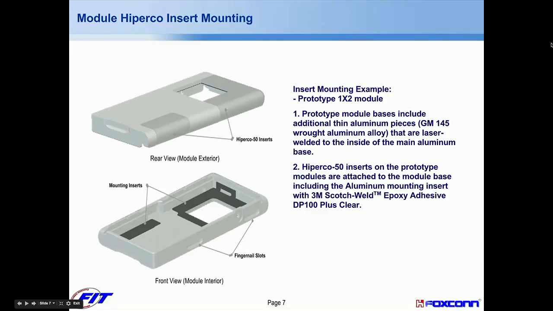You may have a question about the mounting of the module insert. In MDK, there's an example to mount the module insert to the module base, called the mounting insert for the 1x2 module. This one here, called the mounting insert, is made of aluminum and laser welded to the module base to enhance the module insert bonding for space.